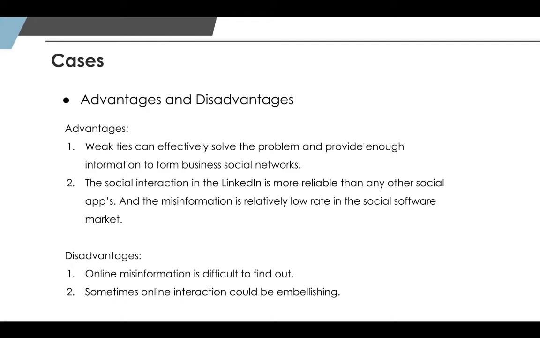It has disadvantages because online misinformation is difficult to distinguish, and sometimes someone would like to embellish their experience. For example, in a project, maybe she was just a team member, but she said she was a team leader.